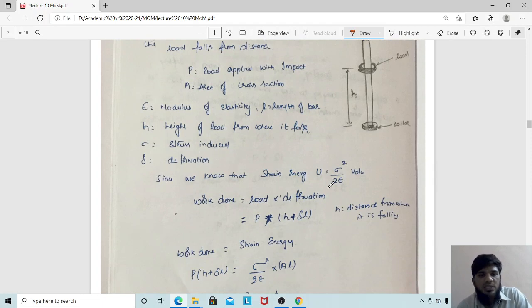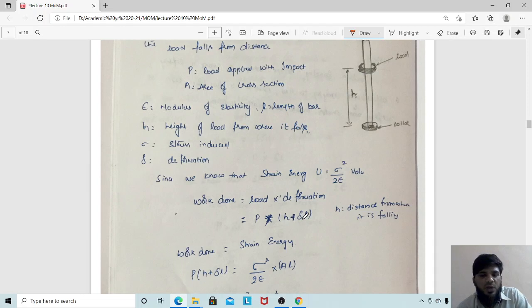We already know that strain energy is nothing but sigma square by 2E into volume. But what is the amount of work done by this load on this material? Work done is equal to load into deformation. The load is P, and the displacement it produces, because of the height it falls from, is h plus delta L. Since it is falling from a certain height, that is also considered as deformation or displacement.